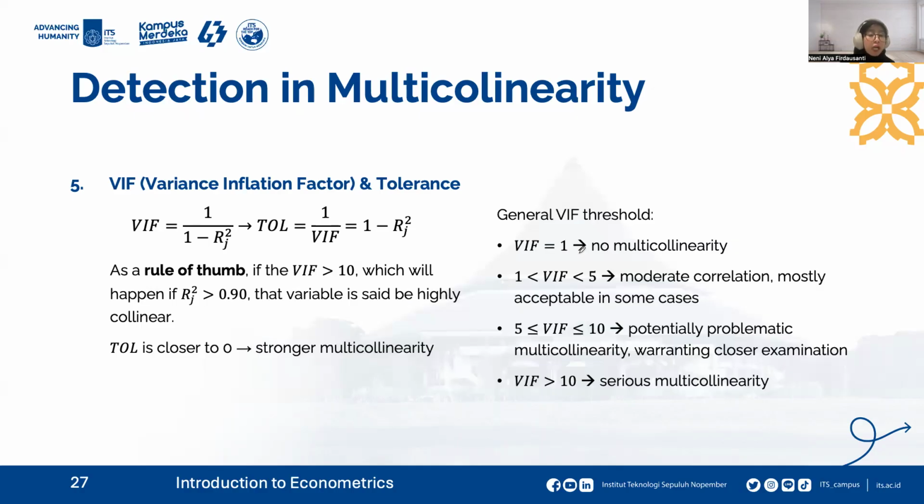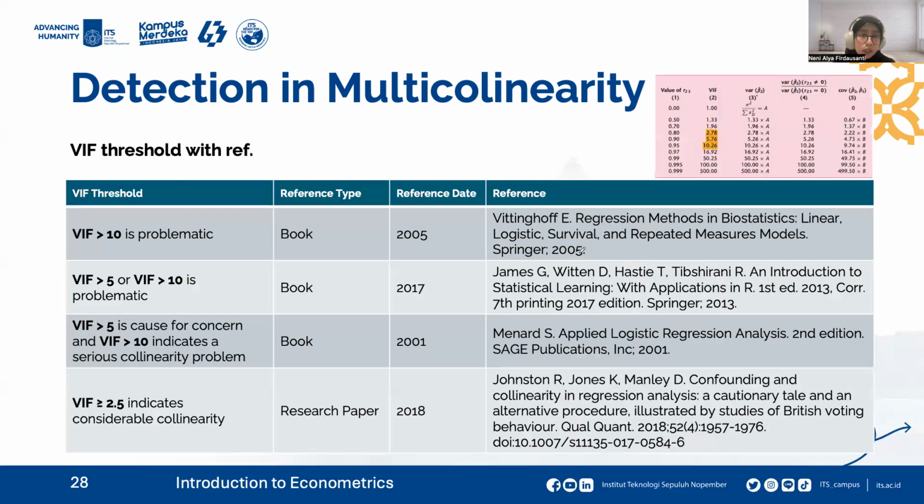And if VIF is greater than 10, there is serious multicollinearity. So this is the reference using different VIF values, so you can check and take a closer look at that.